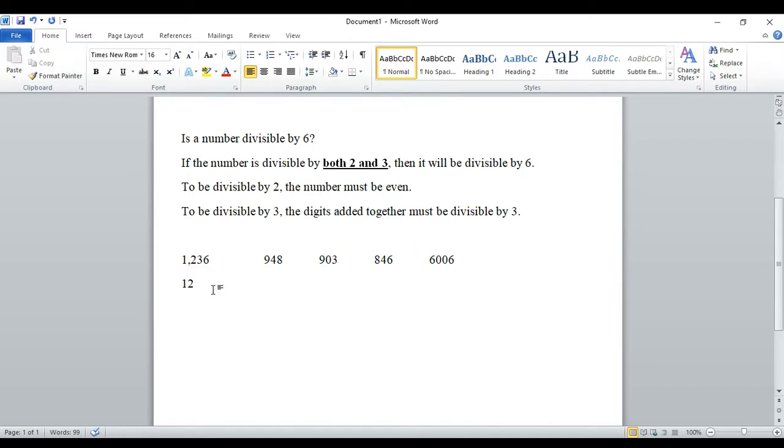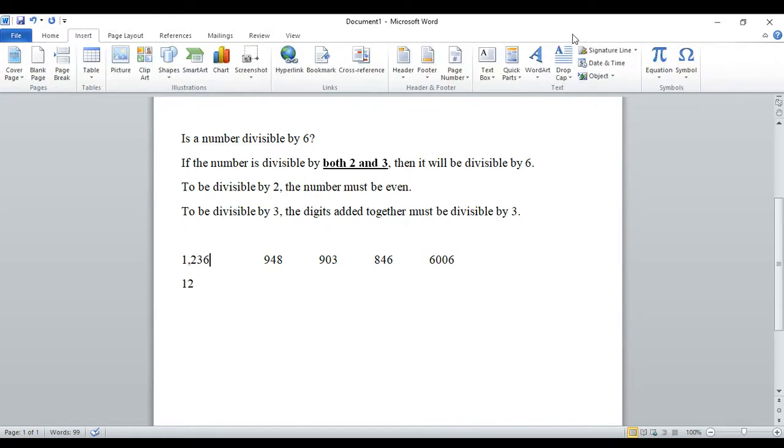Yes, it will. So it passed the second test. So that means that this number right here will be divisible by 6, or will be a multiple of 6. All right, I'm going to add a little check mark in there. So we know that this one is divisible by 6.